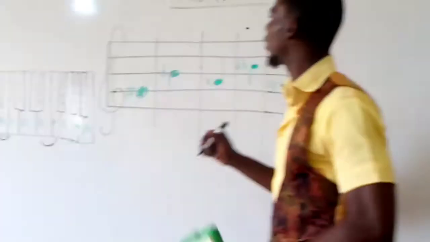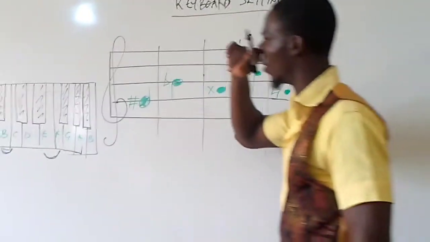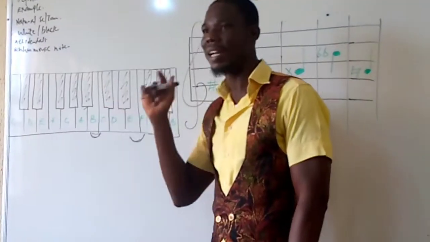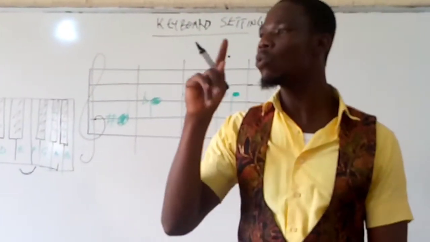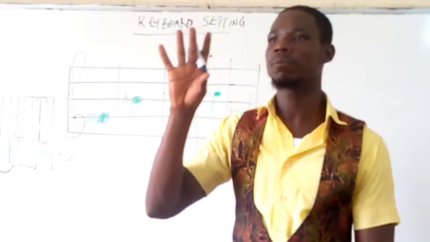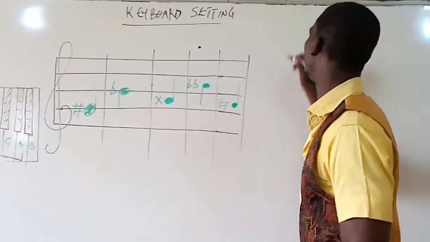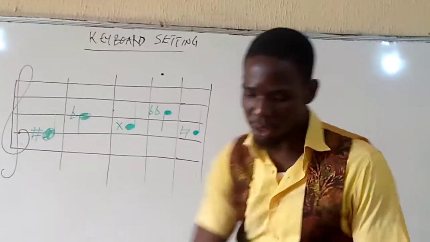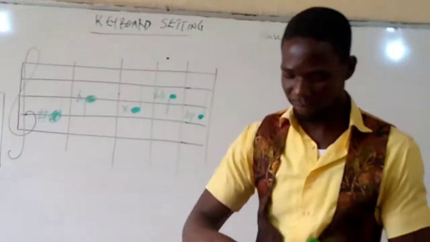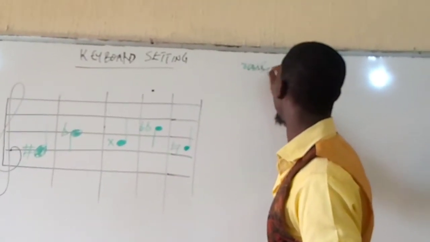So, now let's get over to accidentals. What is an accidental? An accidental is used by music composers to do 3 things.